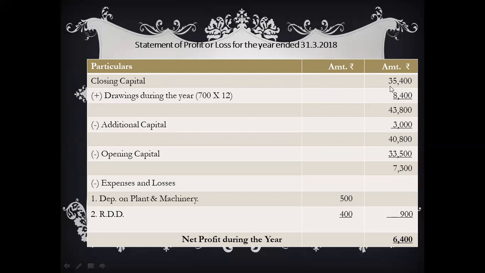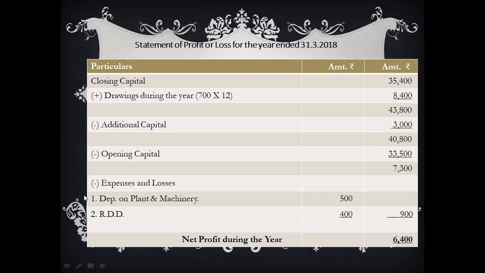Closing capital 35,400, add drawing during the year, which is 700 per month, for 12 months 8,400, amount is 43,800, less additional capital, that is 3,000, the amount is 40,800, less opening capital 33,500, the amount is before adjustment 7,300.